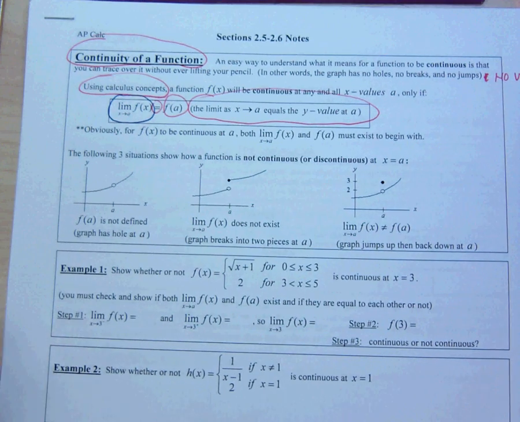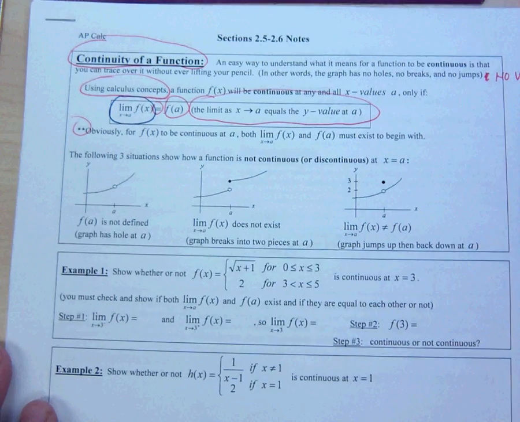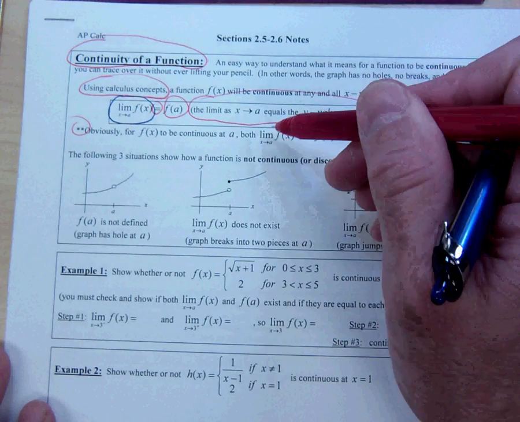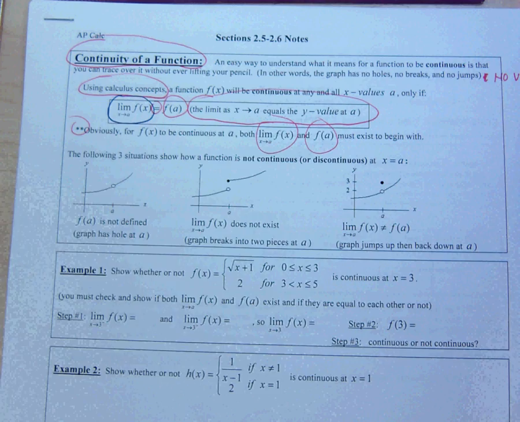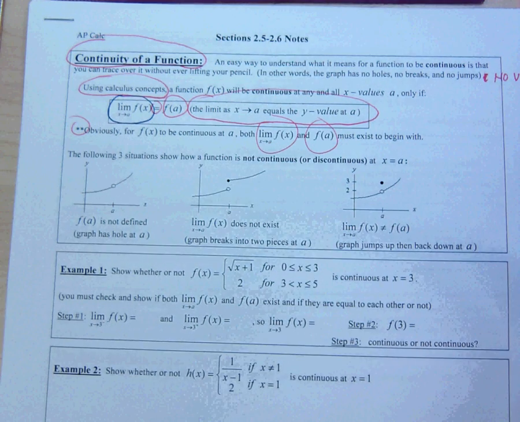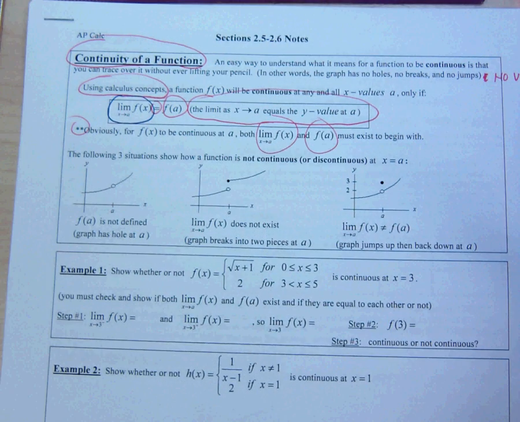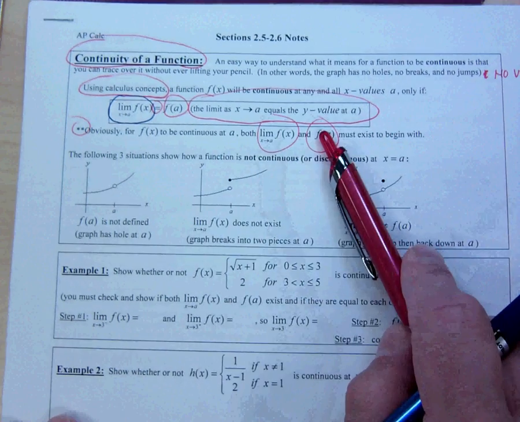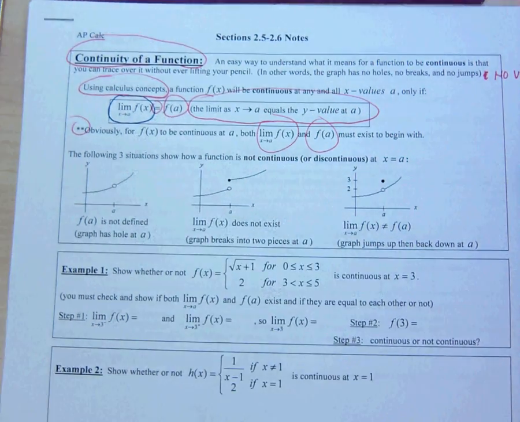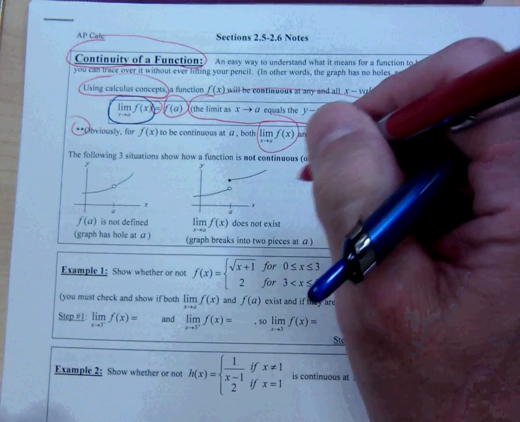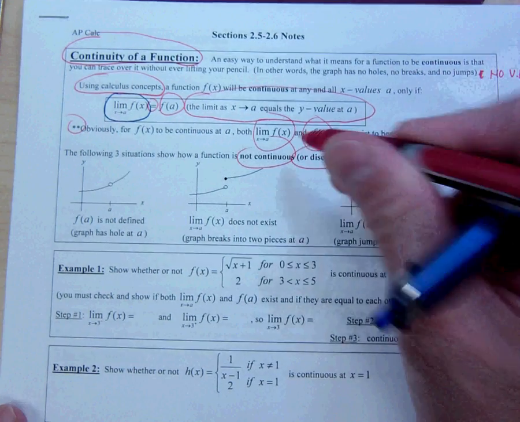Now, obviously, for f to be continuous at a, both the limit and the f of a value have to exist. If either of them doesn't exist, then obviously f won't be continuous. So not only do they both have to exist, but they have to equal each other. Is that clear? The following three situations show how a function is not continuous, or in other words, discontinuous at a.